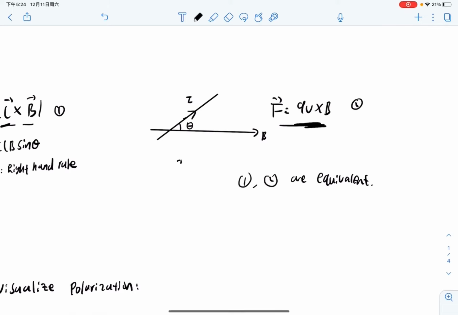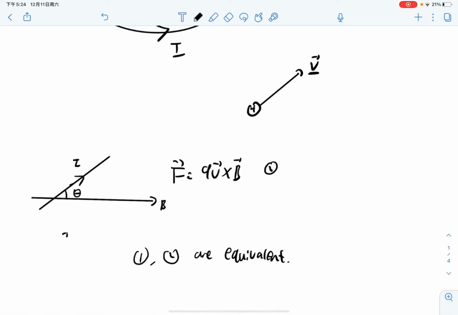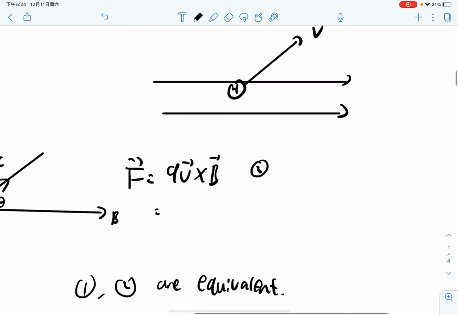The next equation is F is equal to q v cross B. So what does that mean? If you have a charged particle, for example a positive charged ion which is moving in the v direction, the direction of the velocity, and if you have a magnetic field, the magnitude is equal to q v B times sine theta.